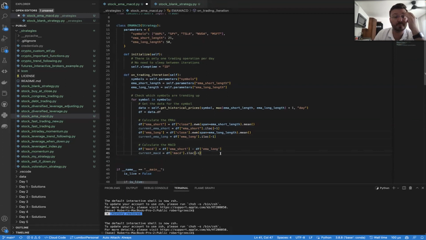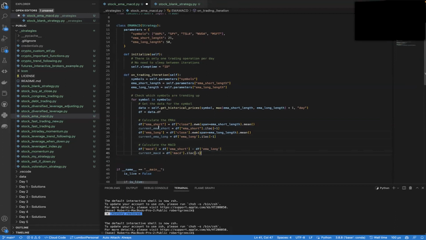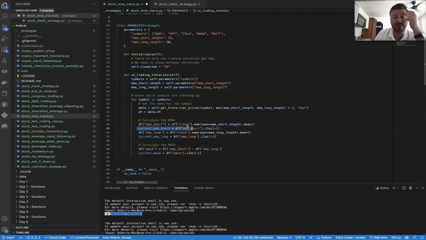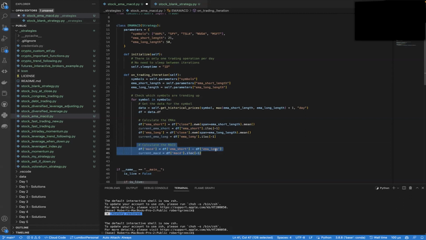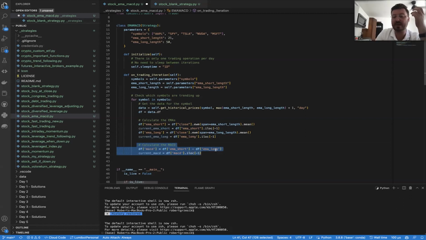I mean, technically, MACD is just moving average convergence divergence, so basically you're saying the same thing. If your short EMA is above your long EMA, it's the same thing, so we don't even really need to calculate MACD because that is MACD. So I guess we're really just doing EMA crosses.